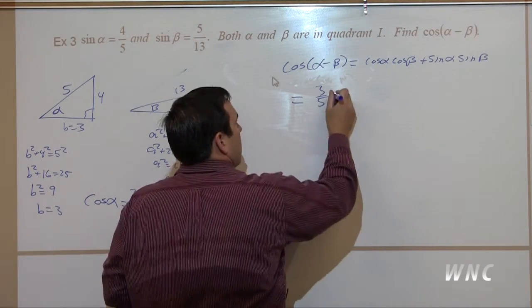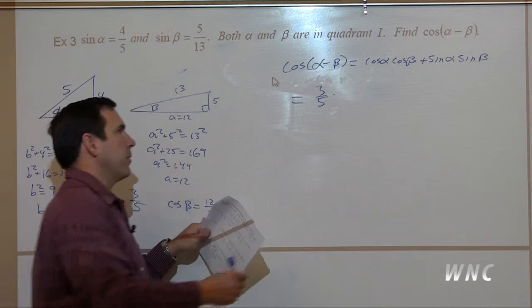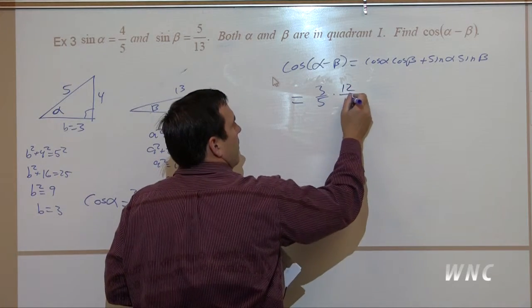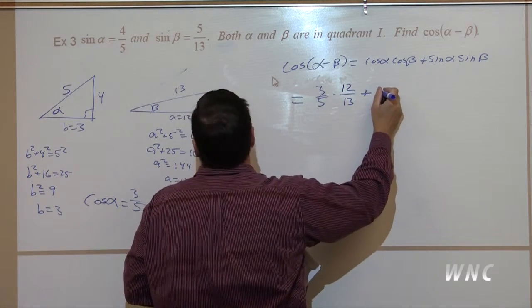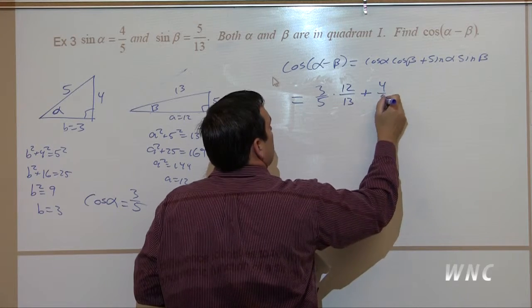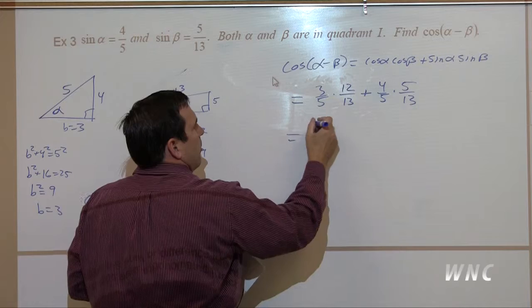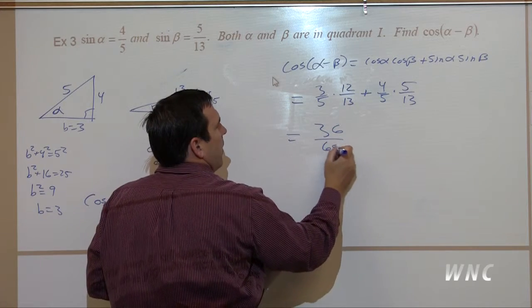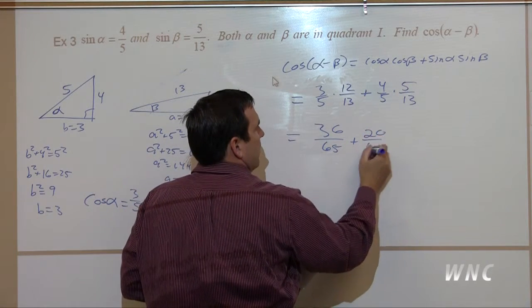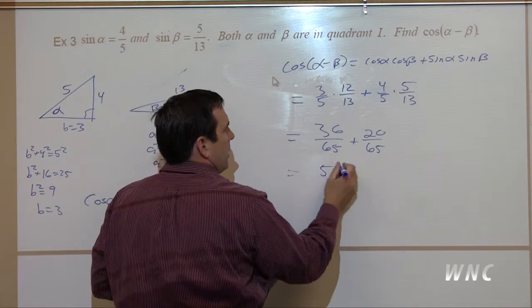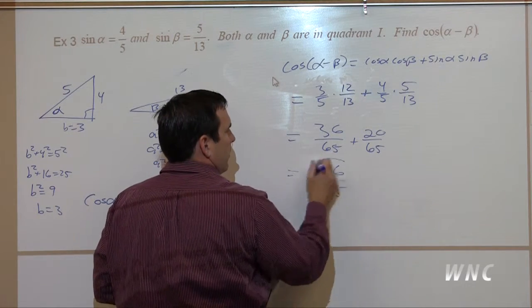Cosine of beta is 12/13. Sine of alpha, we were told, is 4/5, and sine of beta is 5/13. We end up with 36 over 65 plus 20 over 65, or 56 over 65.